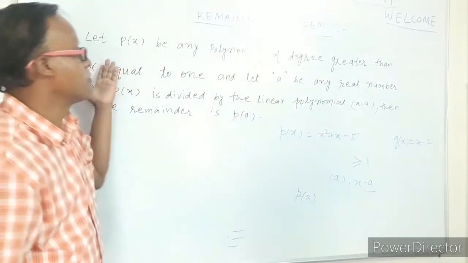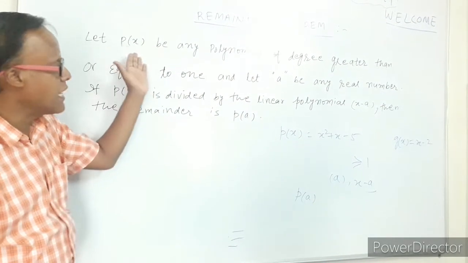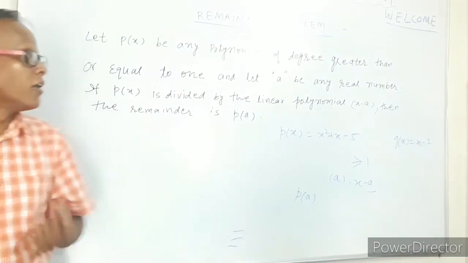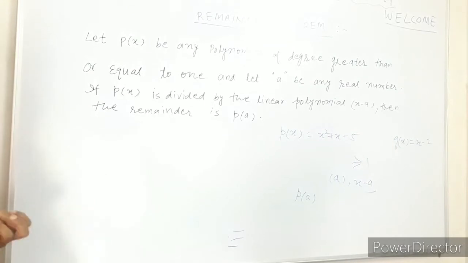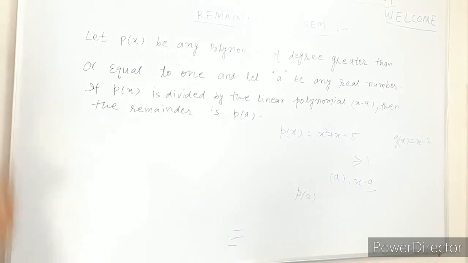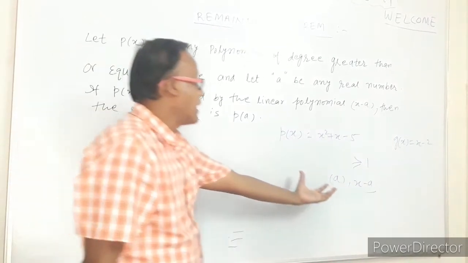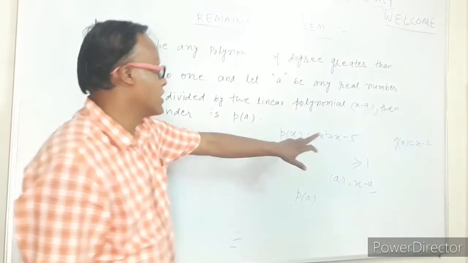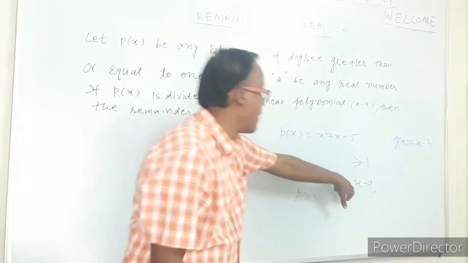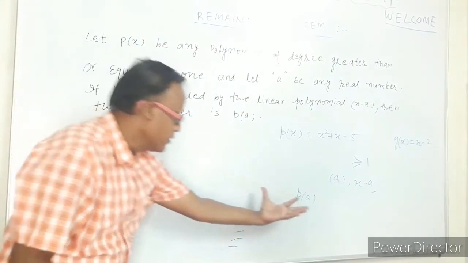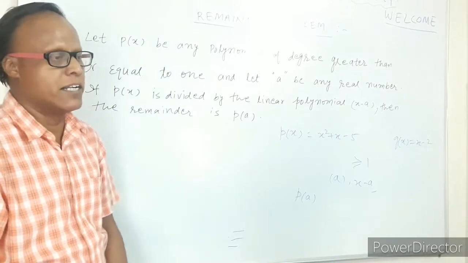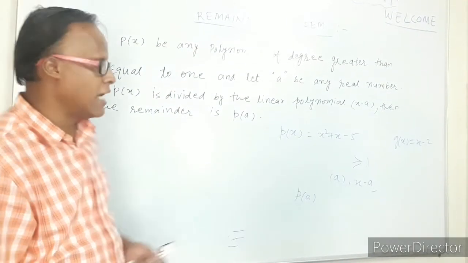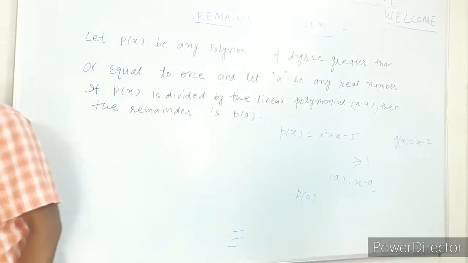The remainder theorem states that if Px is any polynomial of degree greater than or equal to 1, and a is any real number, if Px is divided by x minus a, then Pa is the remainder. Right? So note down this and you can read from your book also.